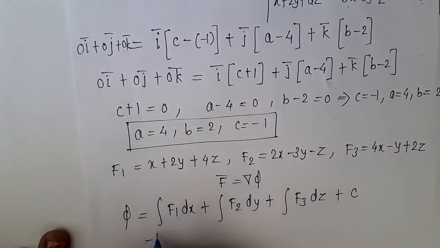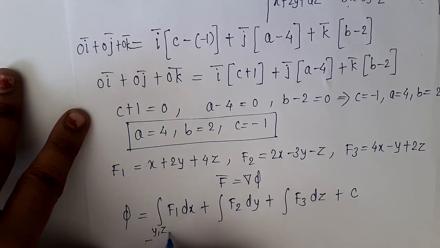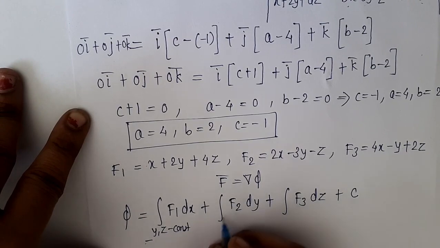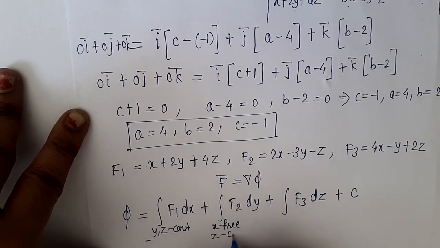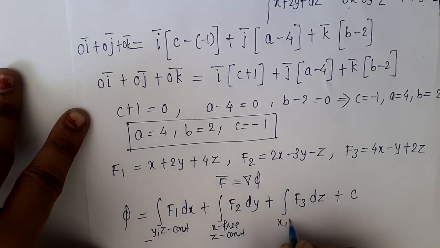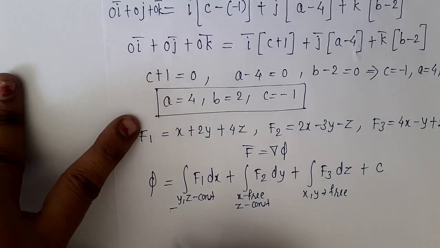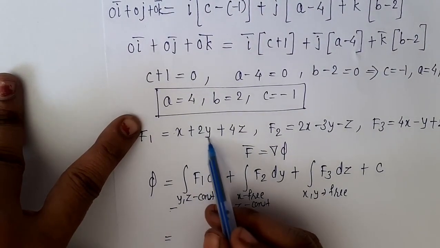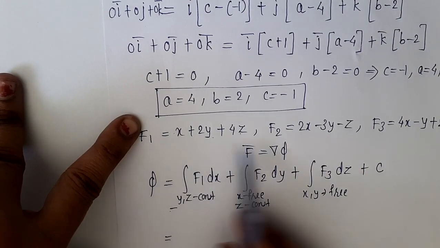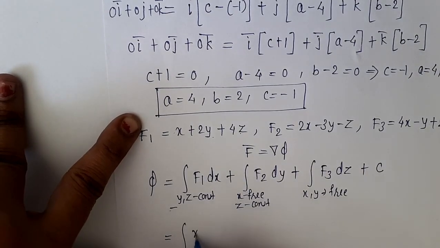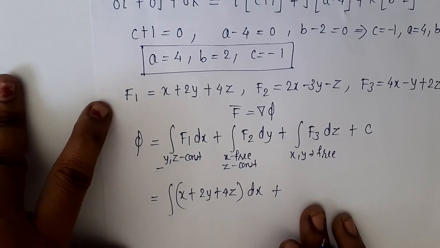Now for F1 dx, x must be free, y and z must be constant. Here for F2 dy, x free and z constant, and here x and y must be free variables. So F1 dx, F1 is x plus 2y plus 4z. So substitute whole F1, x plus 2y plus 4z, into dx plus F2 dy.